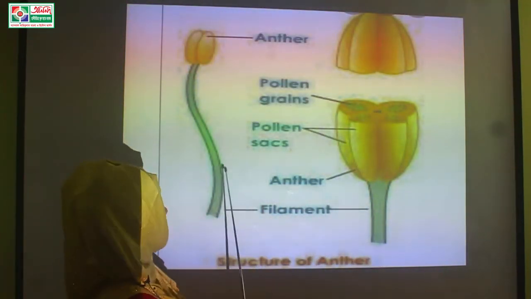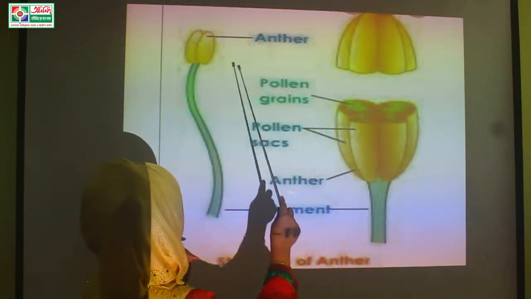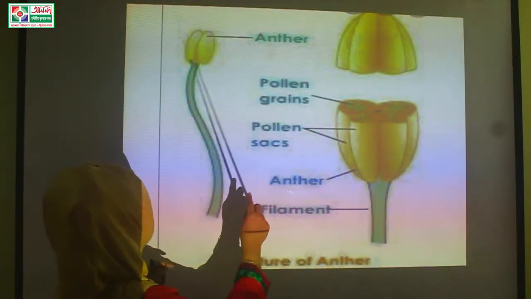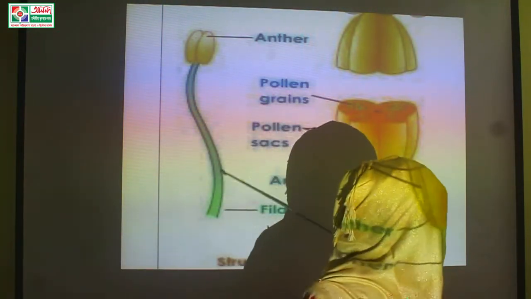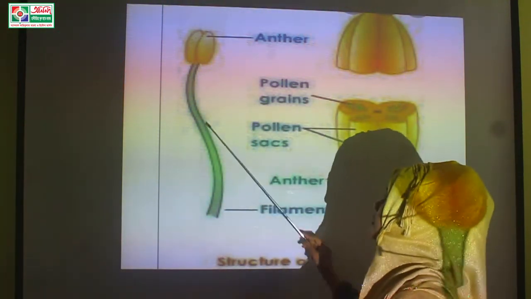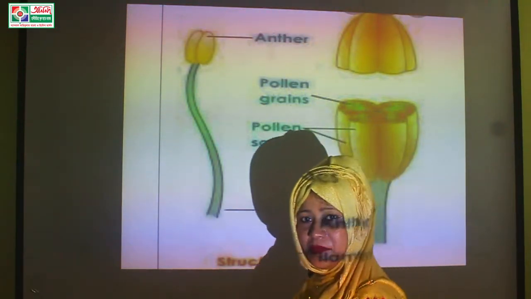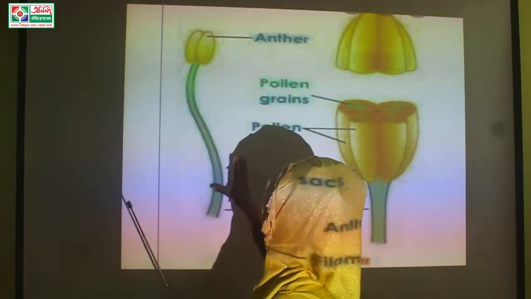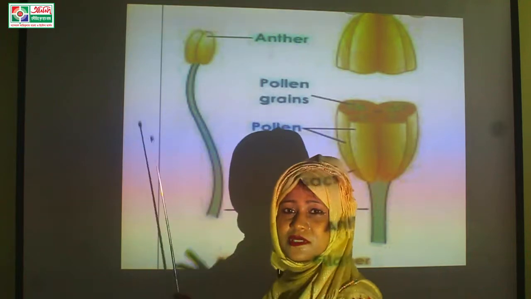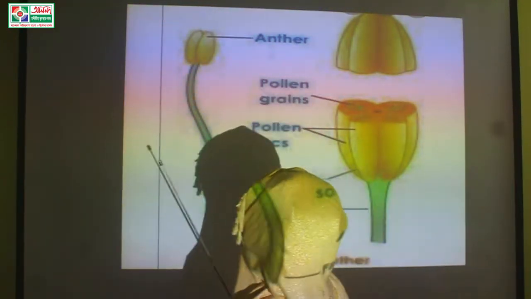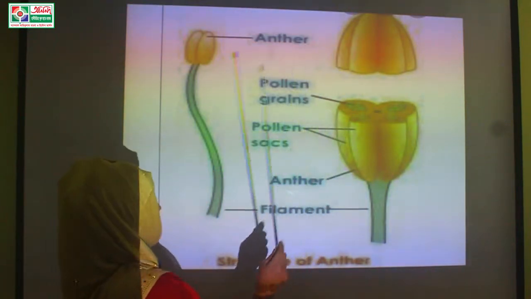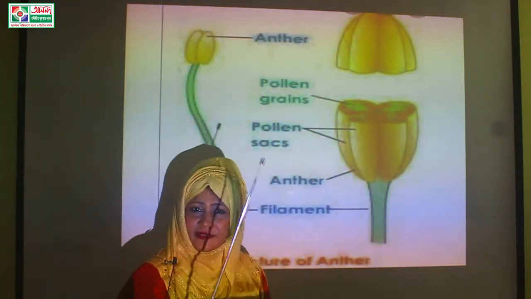This one is the structure of a typical stamen. This one is the anther and this long thread-like structure is known as the filament. The filament attaches the whole structure to the flower. Okay students, and this is the TS of the anther.